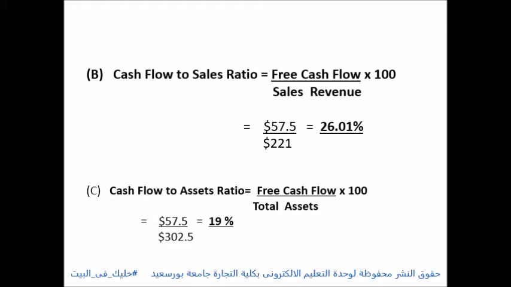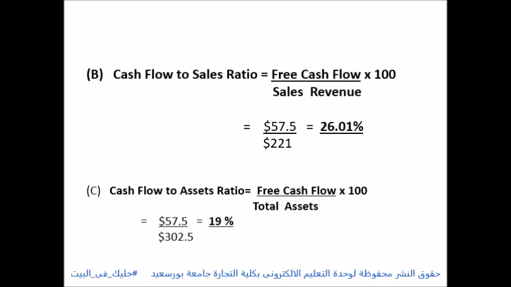Cash flow to sales ratio. If you read the theoretical part of the text, you will find the formula is free cash flow divided by sales revenue times 100. This is the equation for the cash flow to sales ratio. The numerator 57,500 is free cash flow.